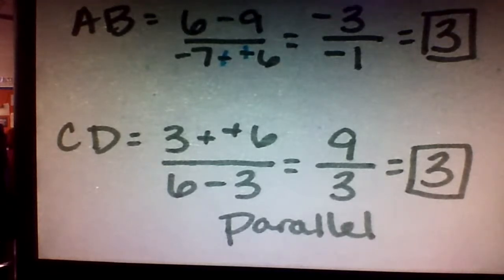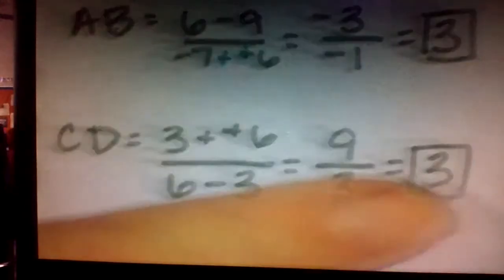Because it's not 6. So this needs to be on top. So you're doing the 6 minus 2 on top.